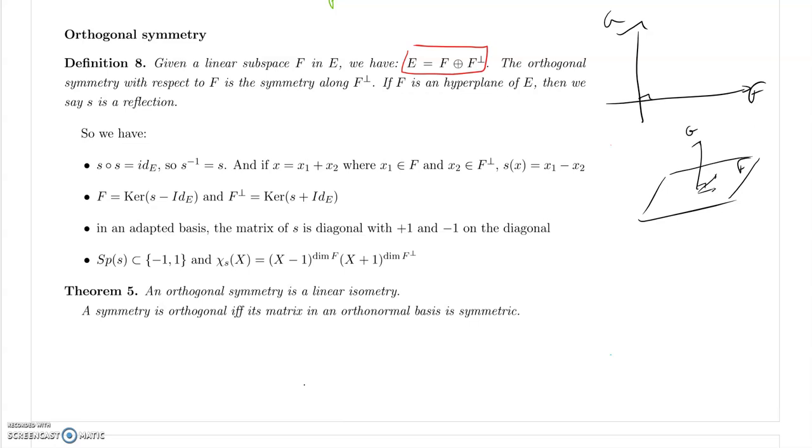So you've got a nice orthogonality between those two spaces, and actually G is equal to F orthogonal.